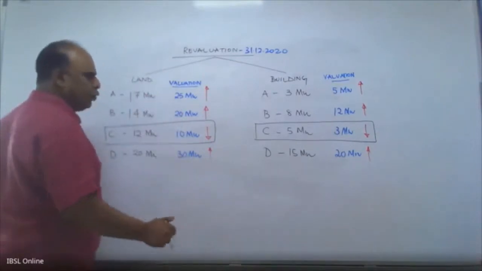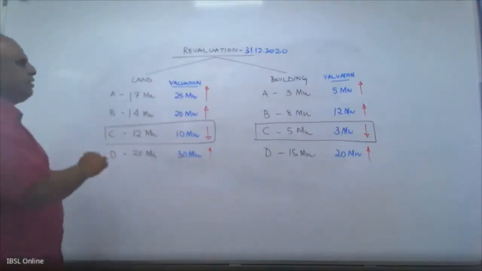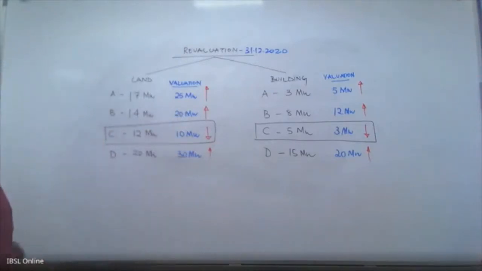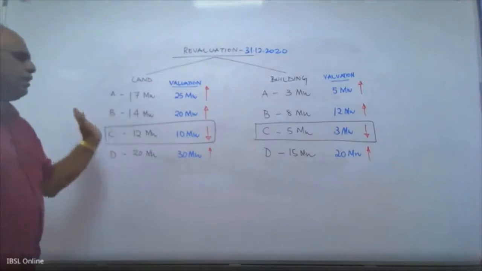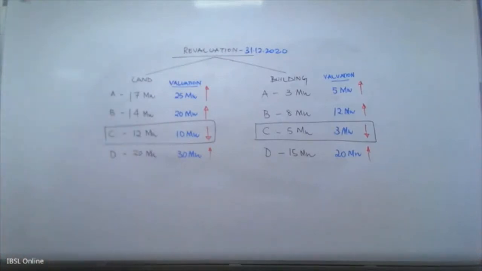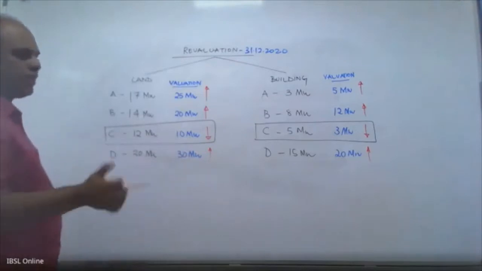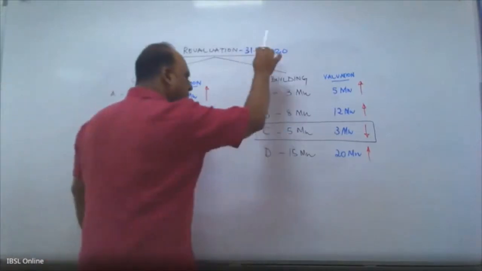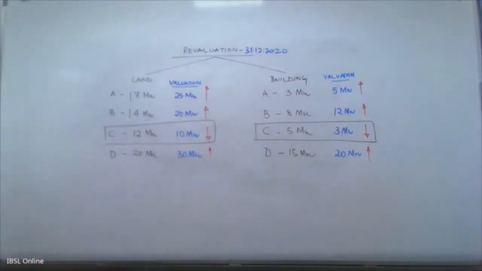And whatever changes have happened in value, you have to consider that in your financial statements. So you can't say that whatever is favorable to me, I will take, the rest I will leave out. No, that you can't do. Same with buildings also. That is point number 1.